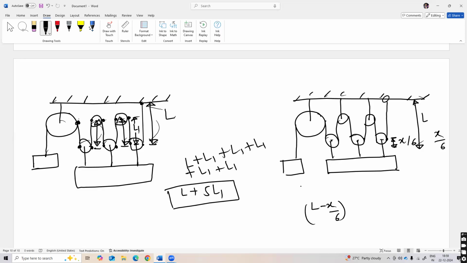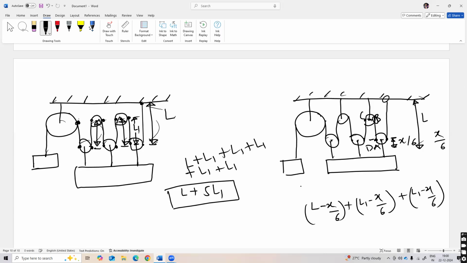And initially this distance was L1. But now the distance between the centers of these two pulleys is L1 minus x upon 6. So from, let's say, this is A to point B, it is L1 minus x upon 6. Now let's say this point is C, this point is D, so that is also L1 minus x upon 6.